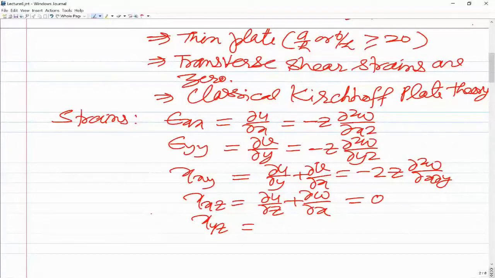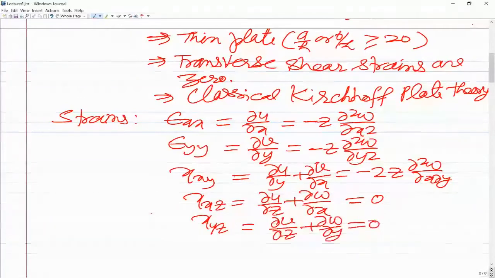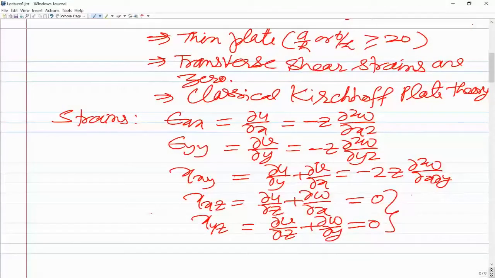So these lines, x and z, or y and z, remain perpendicular to each other after the deformation, so these strains are 0. Gamma yz would be del v by del z plus del w by del y as per the formula, so this is equal to 0. So you can see here that transverse shear strains are 0. That's the basic assumption of classical Kirchhoff plate theory.